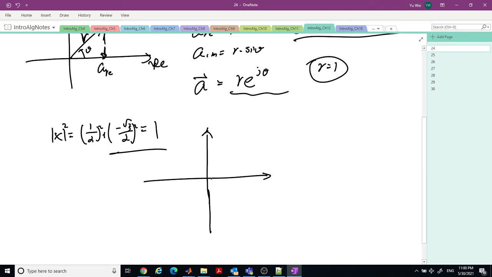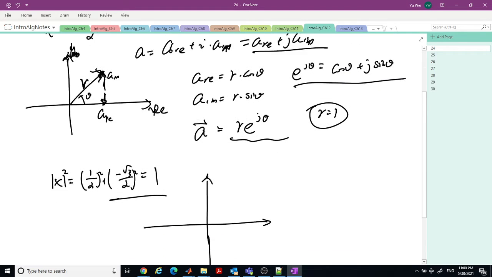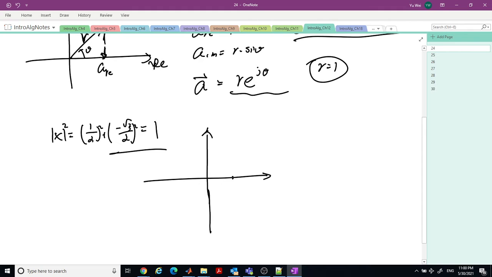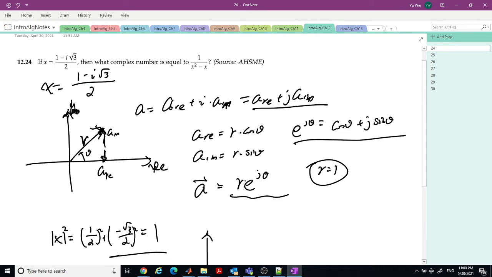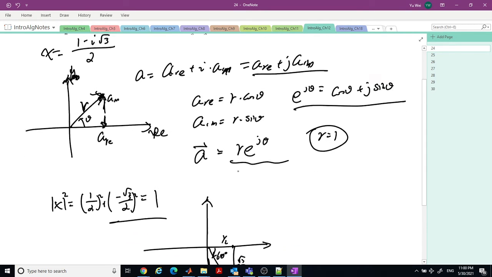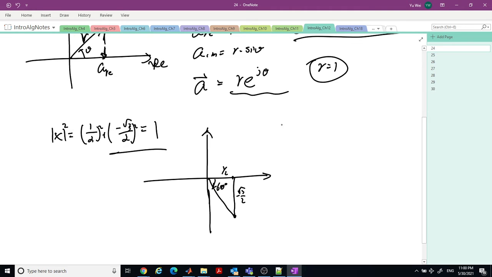So we know the half is positive, and the other part is negative. So you can see here is 1/2, here is negative root 3 over 2. So here is 60 degrees, right? Now we want to calculate 1 over x times 1 over x minus 1.